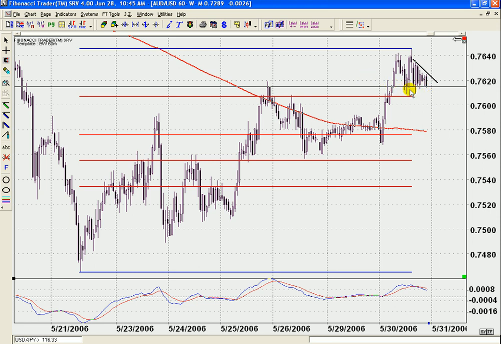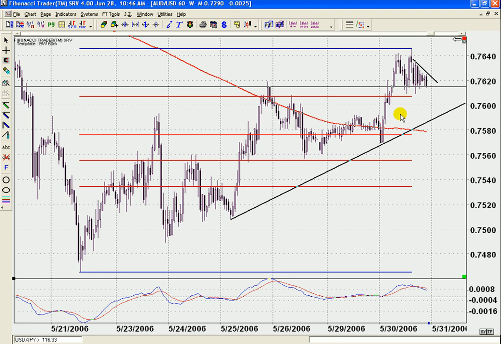With this down wedge, we're looking for this 38% level to hold. Otherwise, if it does not hold, then we could see a significant down move, and I'll show you how that's important to us in a moment.